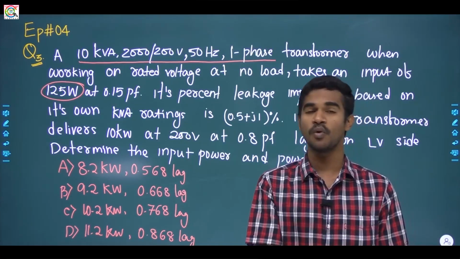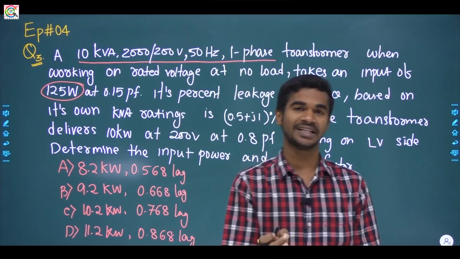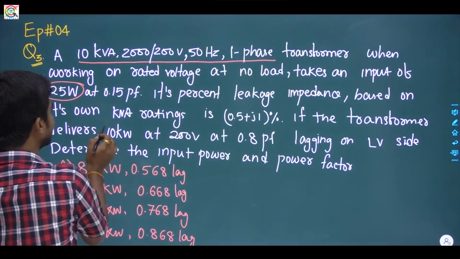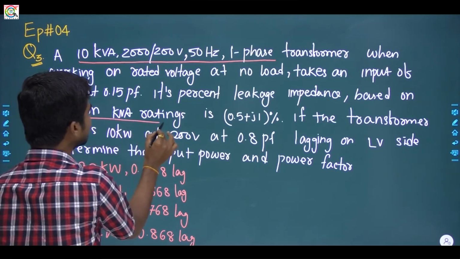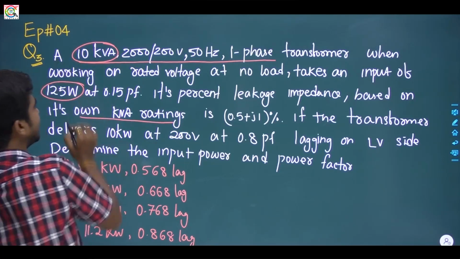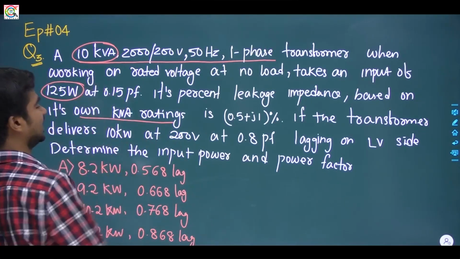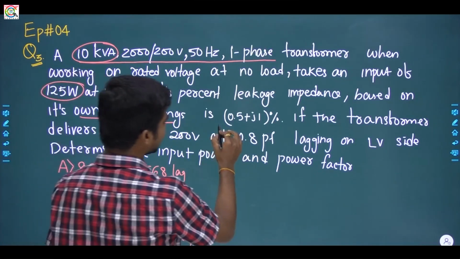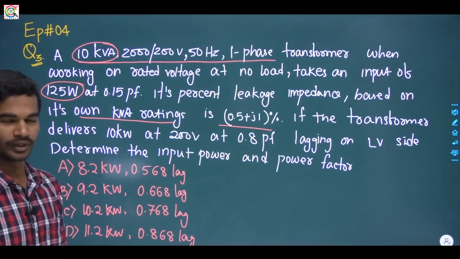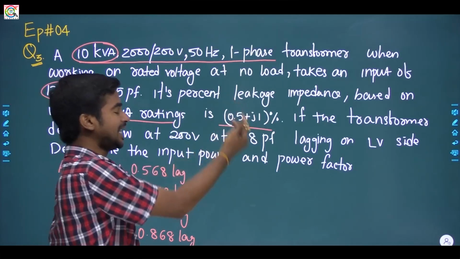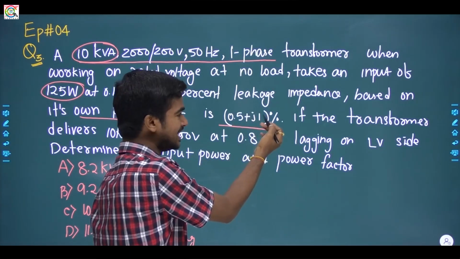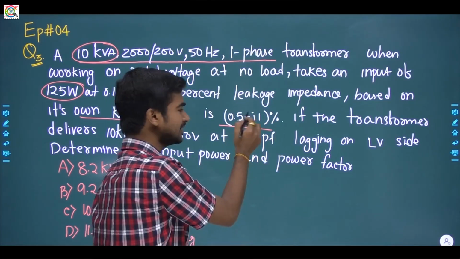That base is both the voltage base and the kVA base. The kVA base is the own kVA rating, meaning 10 kVA. And the percentage impedance is 0.5 plus j1, because this is an impedance, meaning percentage resistance plus percentage leakage reactance.